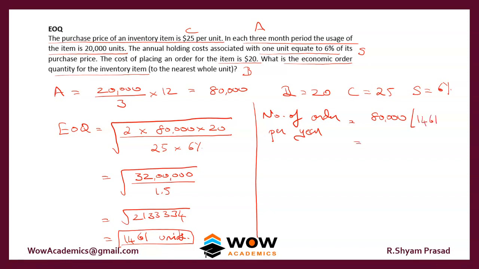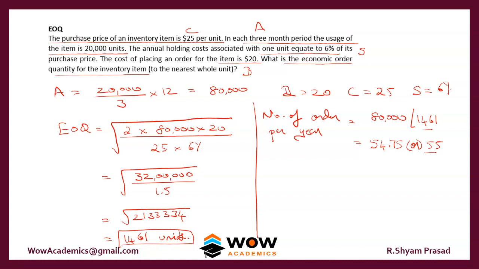So this division will tell you how many times we will be ordering. So we'll be ordering 54.75, or else we'll round it off to 55. So in a year we will make 55 orders. In each order we'll be ordering the EOQ of 1461 units.